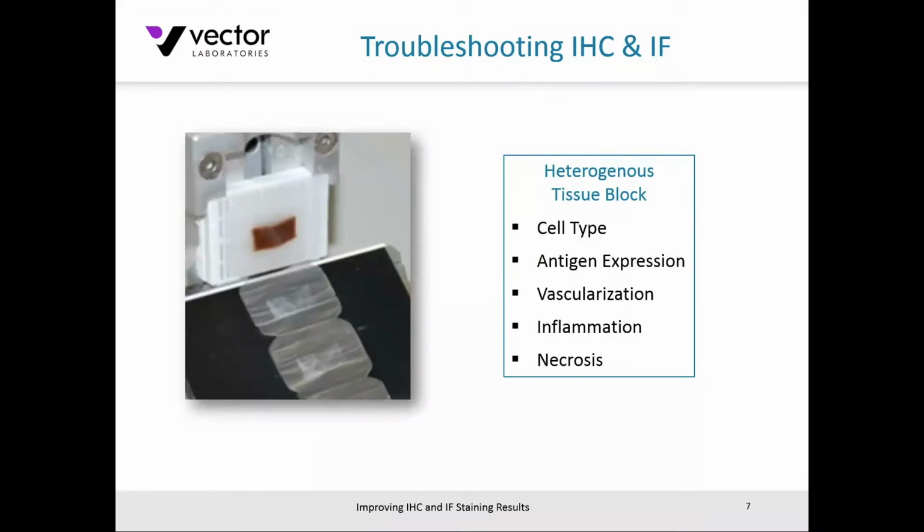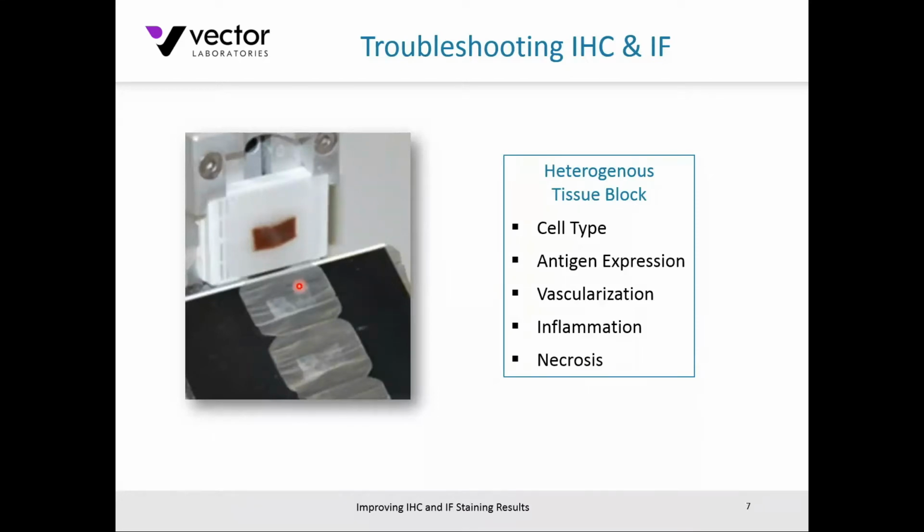Nothing has changed. I'm using the same antibody, the same block of tissue, the same detection reagents, and what am I doing wrong? It's not that you're doing anything wrong, but more than likely in these instances, you might be working with something like a heterogeneous tissue block. So indeed, something has changed at your end.